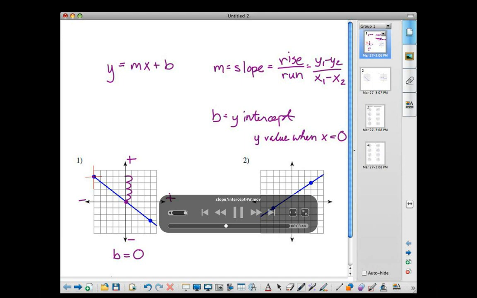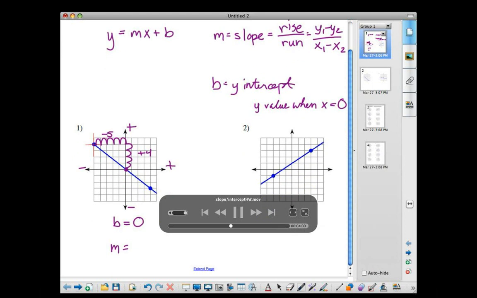So that's a positive 4 rise. To get to my point now, I'm going to the left 1, 2, 3, 4, 5 spaces. So that's a negative 5 distance to the left. This gives me a slope of rise over run, 4 over negative 5.